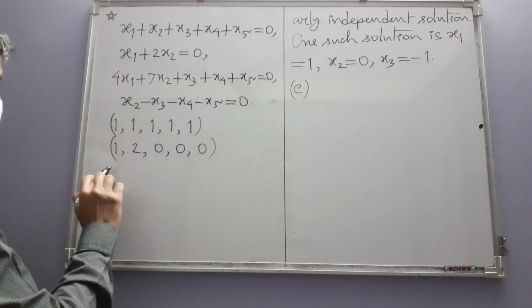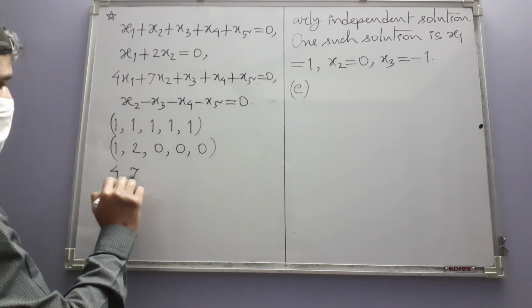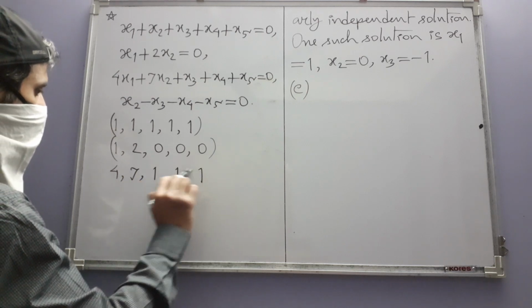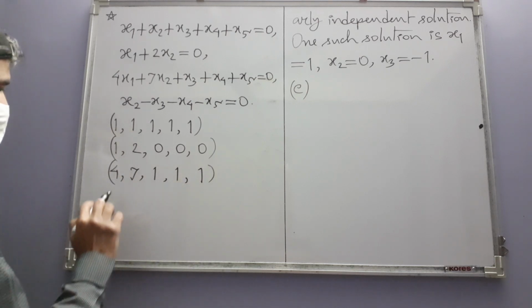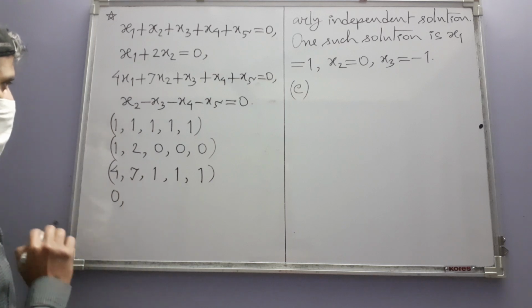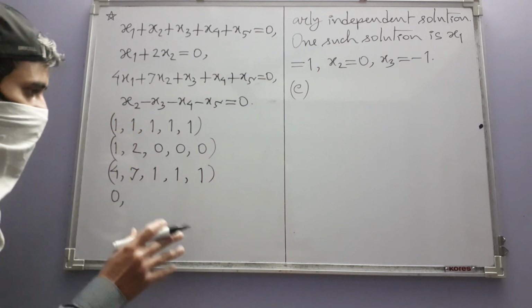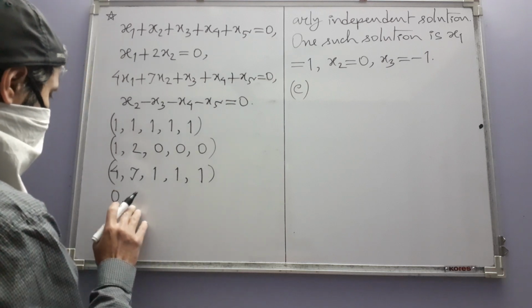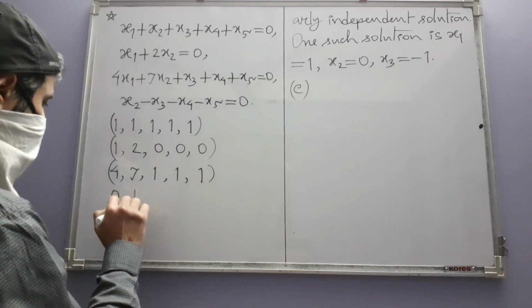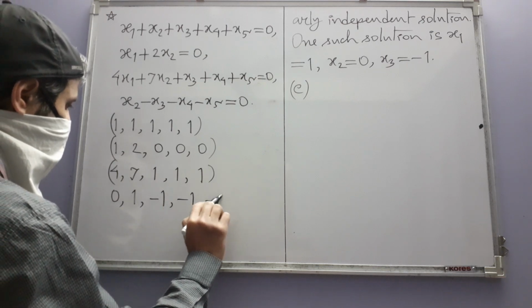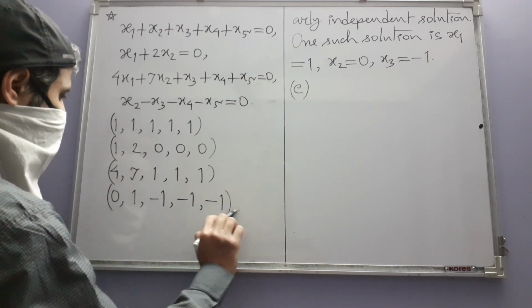From the third one, 4, 7, 1, 1, 1. And from the fourth one, 0. Keep in mind that x1 is not there, so its coefficient is 0. 0, 1, and the others are constantly minus 1.